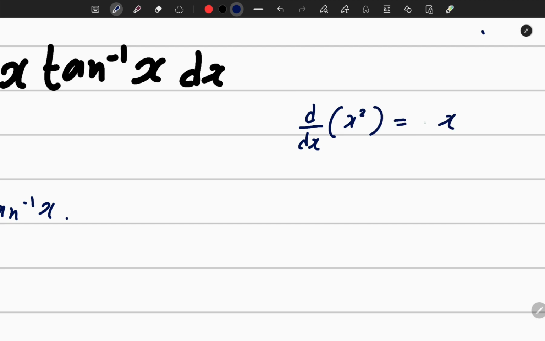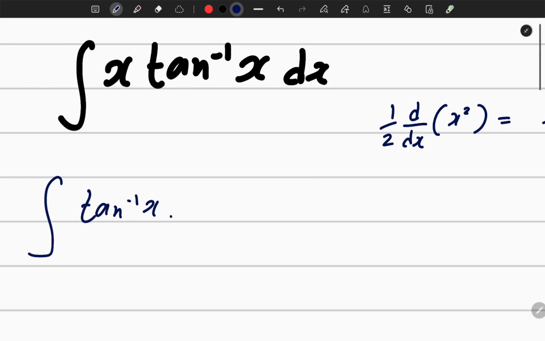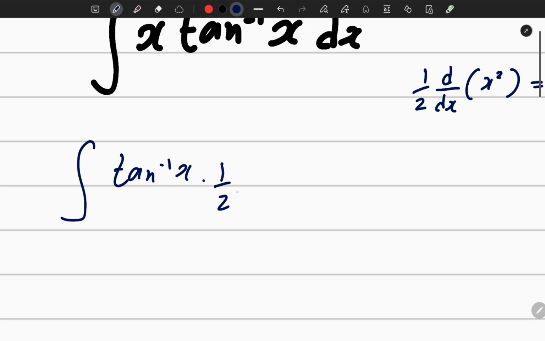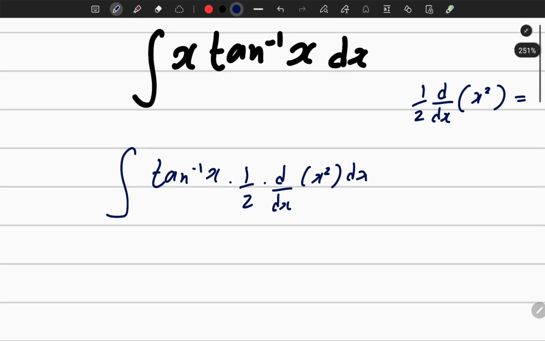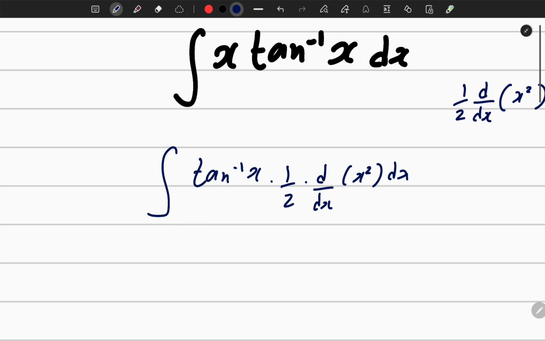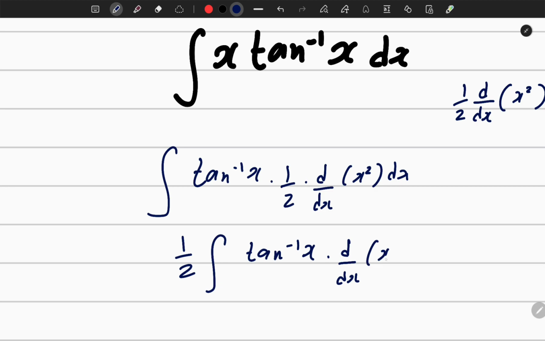So x is equal to 1 over 2 times this, so I can write 1 over 2 times d over dx of x square dx. Since 1 over 2 is a constant, I'm going to take it out. So 1 over 2 tan inverse x times d over dx x square dx, right?